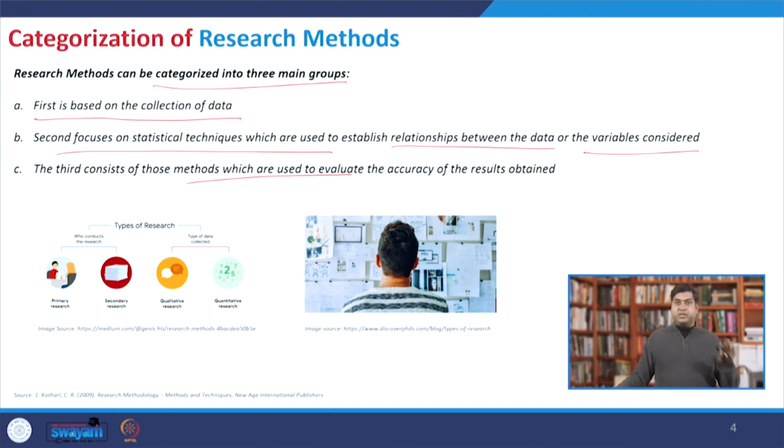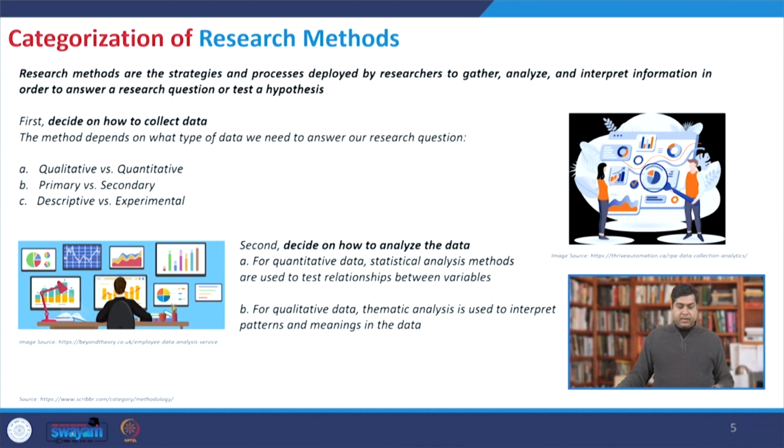So there should be some kind of check and test, which is mentioned over here, so that we can say that this particular finding is acceptable in a scientific way, in a statistical way. Now the categorization of research methods covers the strategies and processes deployed by researchers to gather, analyze and interpret information in order to answer a research question or a hypothesis.